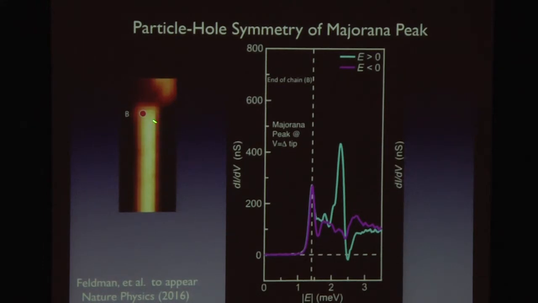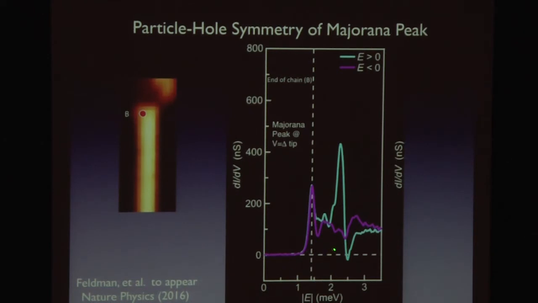You go to the location where we see a Majorana signal. And no longer does our Majorana signal appear at zero bias, because in order to detect it, you have to overcome the superconducting gap in the tip. So it occurs at another energy. And you can compare what that signal looks like when you go to positive energy on the tip or positive energy on the sample.